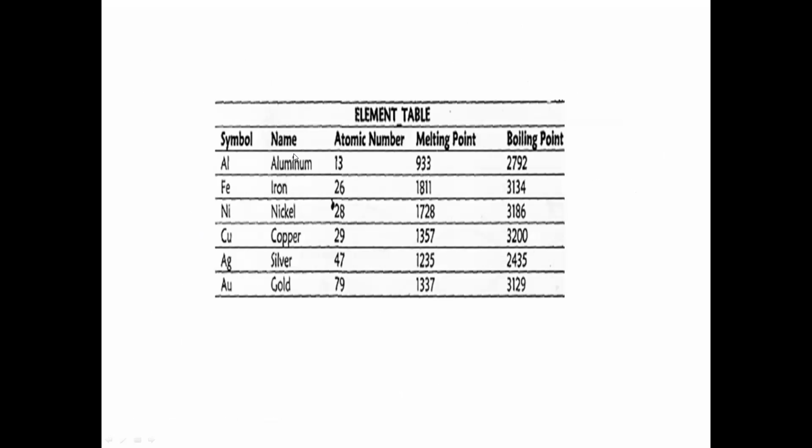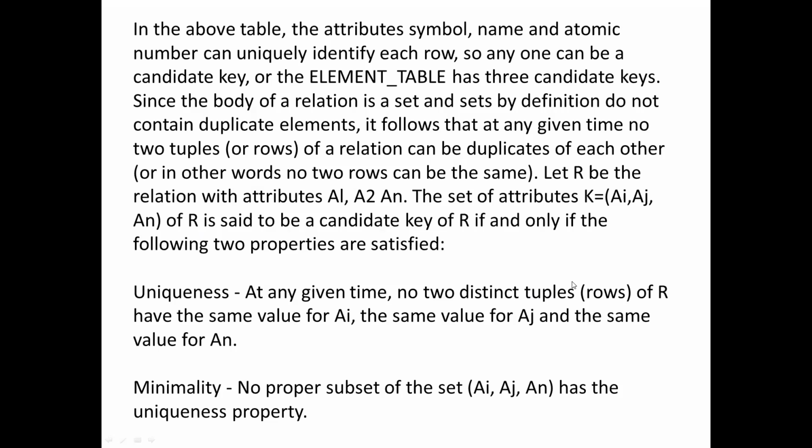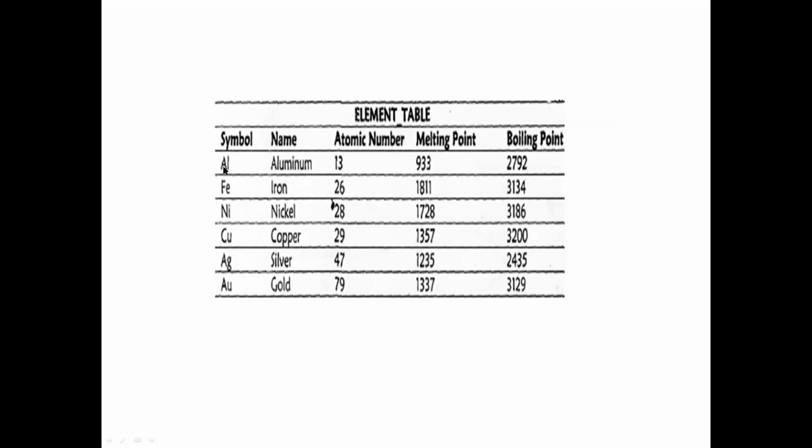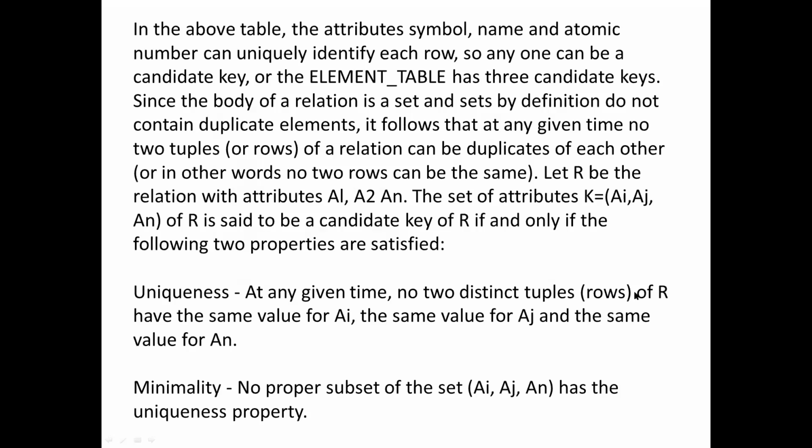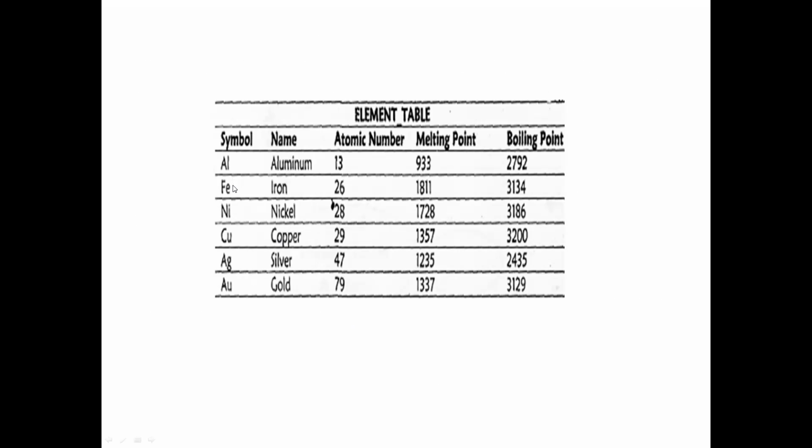No two distinct tuples. Distinct tuples are all these, 1, 2, 3, 4, 5, 6. Those 6 tuples of R have the same value for AI, AJ, AK, AL, likewise, right? So AI and AJ do not have any similar values.